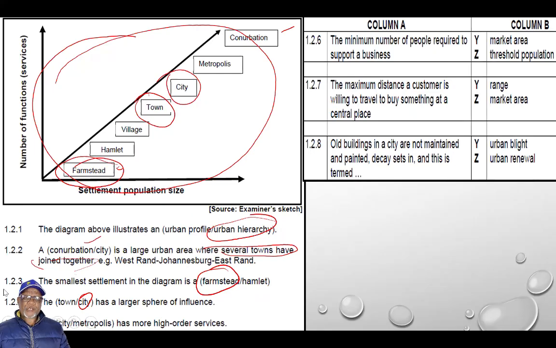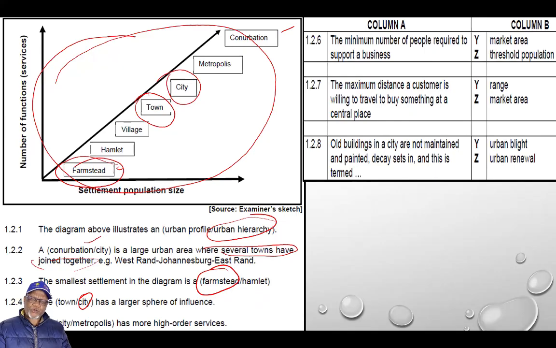the availability of high order services is going to depend on the ranking of the settlements. The higher the settlement in ranking, the more high order services it will have. For example, a conurbation will have more high order services than a metropolis.